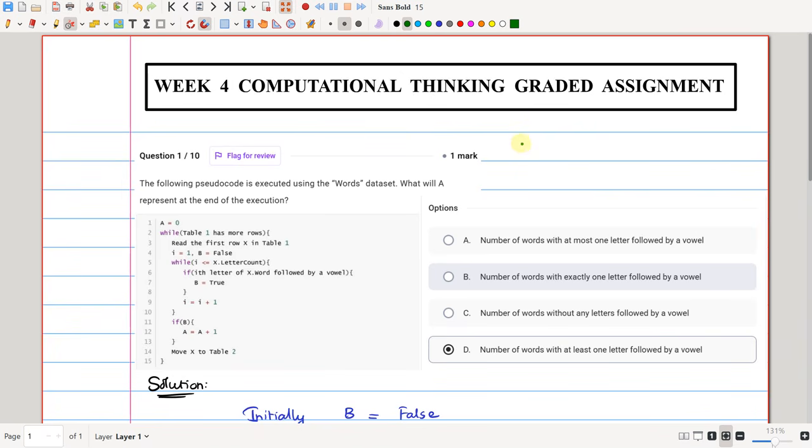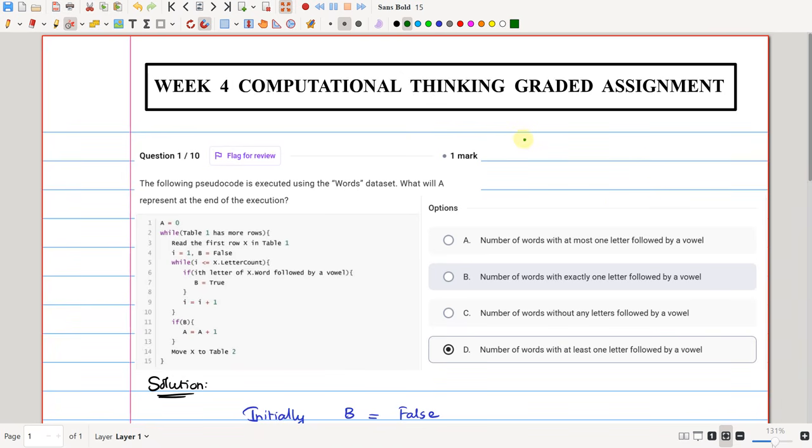You have to see that ith letter. Suppose first we have I is equal to 1, right? Then the ith letter means the first letter of that x dot word, the word in the first row of the table. First we have to take the first row, right? So the word in the first row of the table.